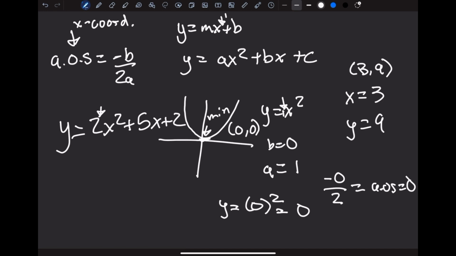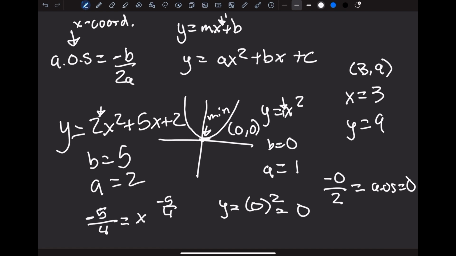So now we use our axis of symmetry: b is equal to 5 and a is equal to 2. Plugging back in, we get negative 5 over 2 times 2, which is 4, to equal our x coordinate. So the x coordinate of our minimum is negative 5 over 4.